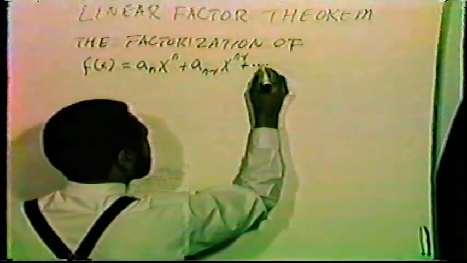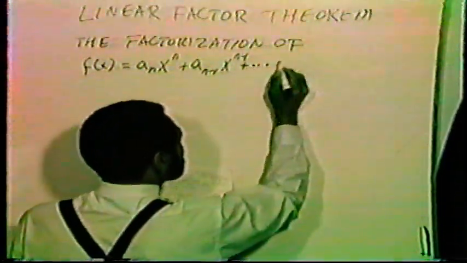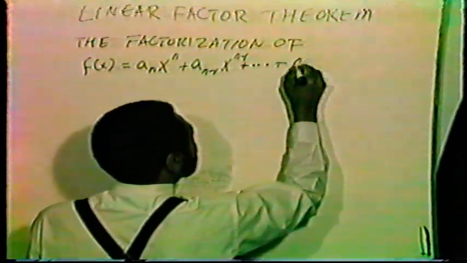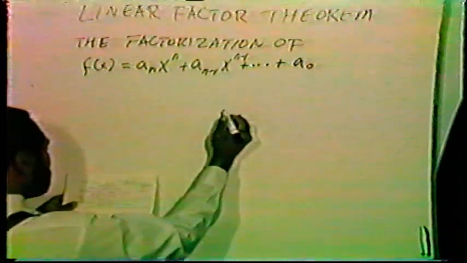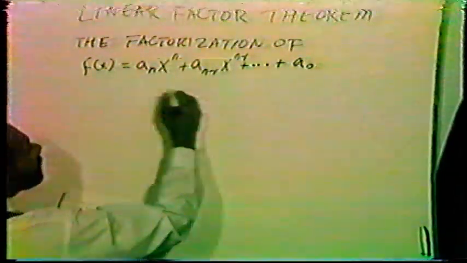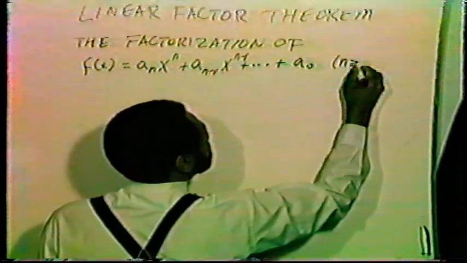That means the polynomial expression continues as indicated, plus a sub 0. The factorization of this polynomial, and the polynomial has n greater than or equal to 1.